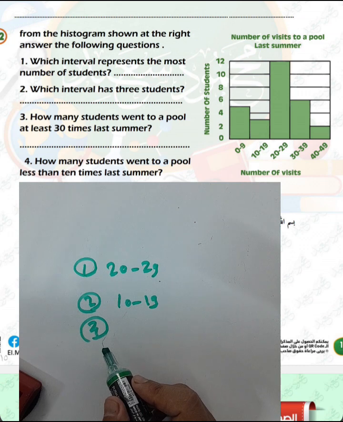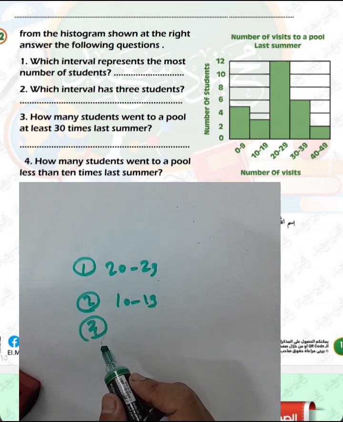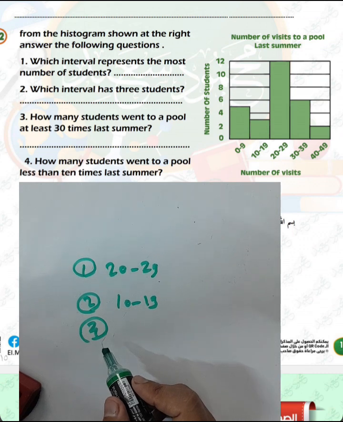At least 30 times last summer. 30 times, here from what? From 30 to 39, we have here 6.